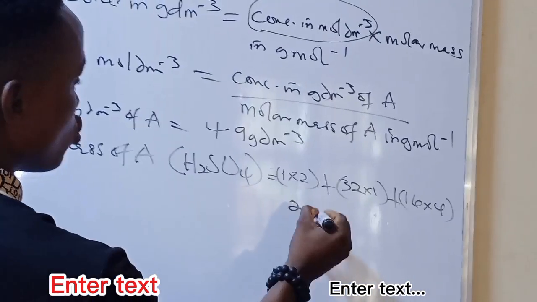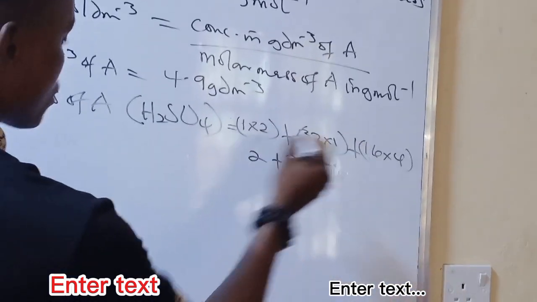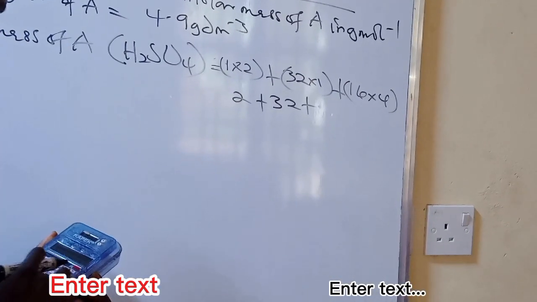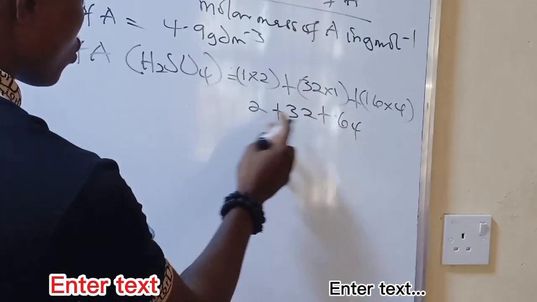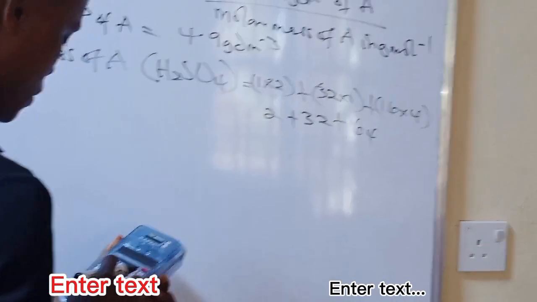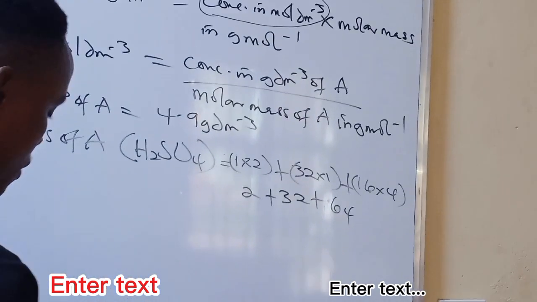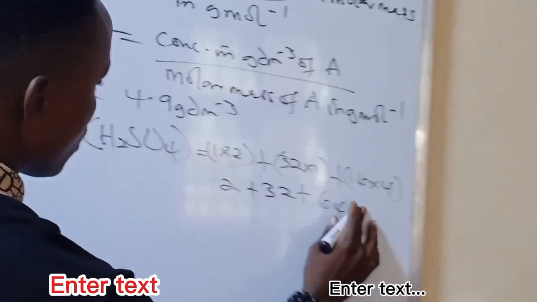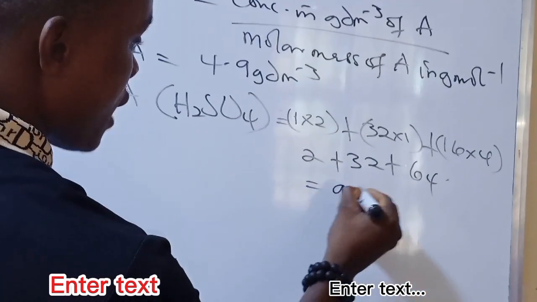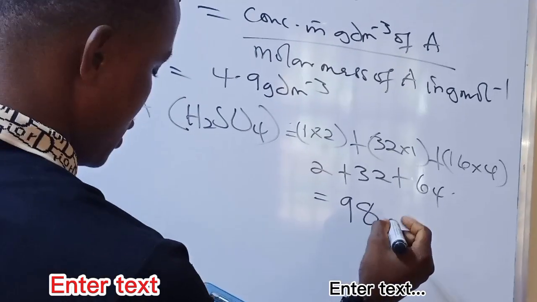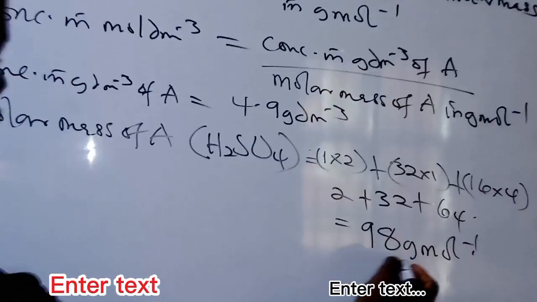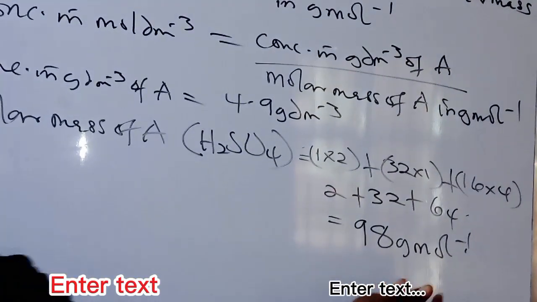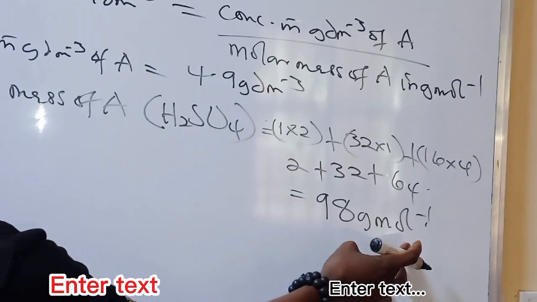This will be 2 plus 32 plus 16 times 4, which is 64. Then 2 plus this, we have 98 grams per mole. This is our molar mass, in grams per mole.